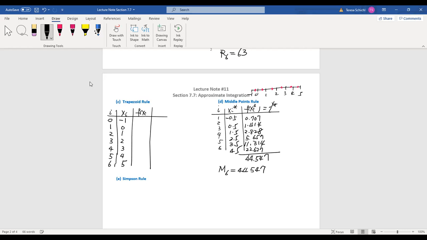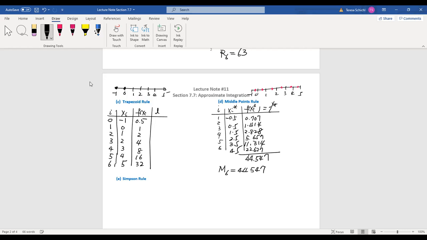So first I need to use this one. f of negative 1 is 0.5, and then we have 1, 2, 4, 8, 16, 32. But remember the way you add these.